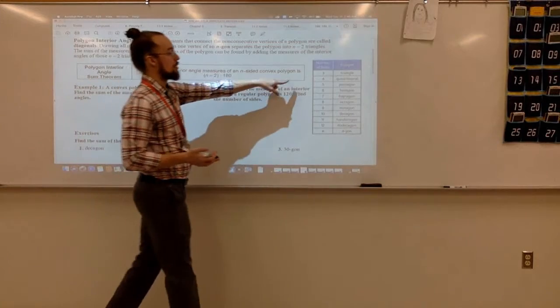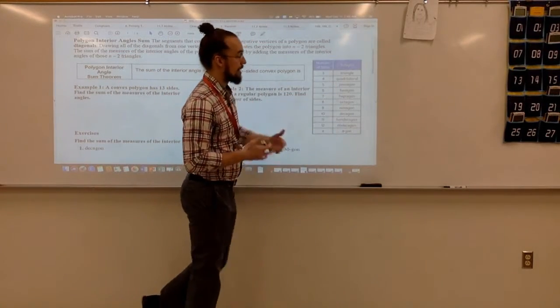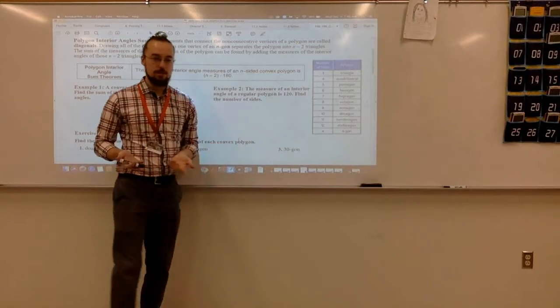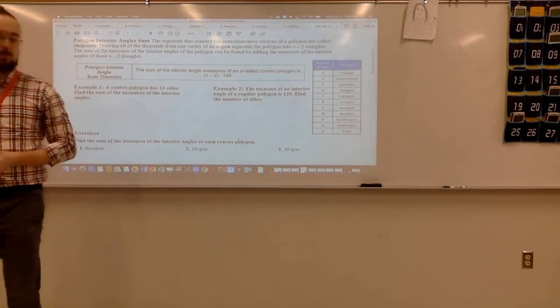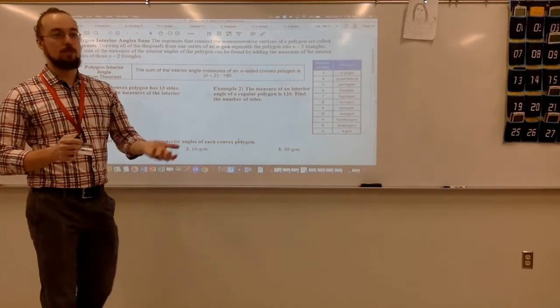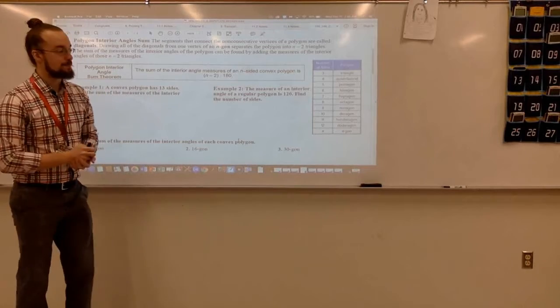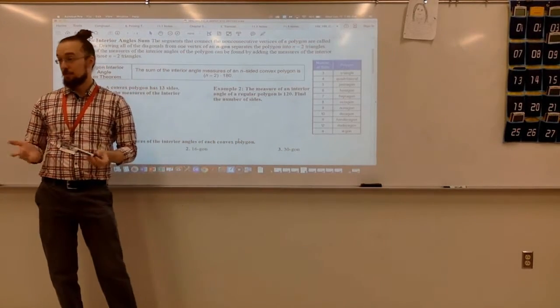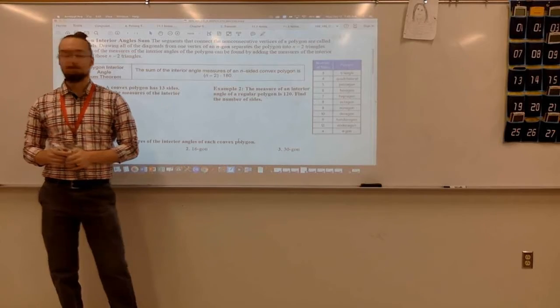And at the right side of your paper, we've got a list of the names of polygons with 3 through 12 sides, and then after 12 sides, we just call it a 13-gon or a 14-gon or a 15-gon. 100-gon, sure, a 100-sided shape.